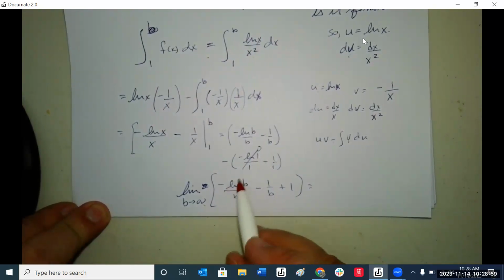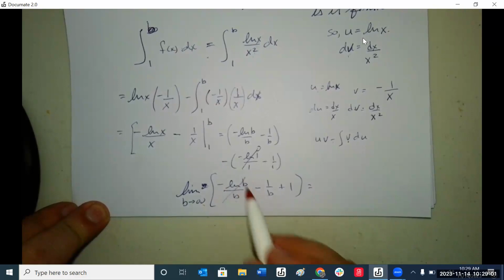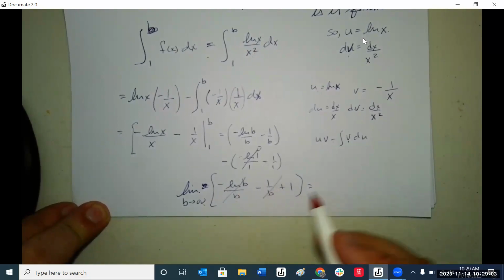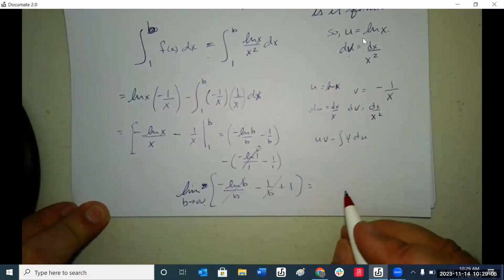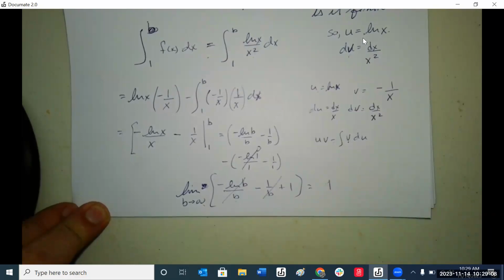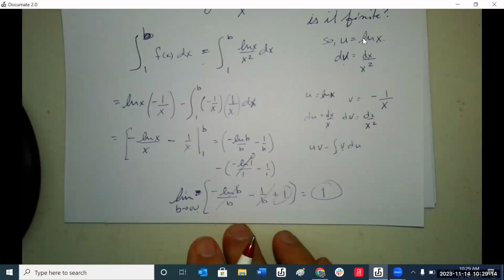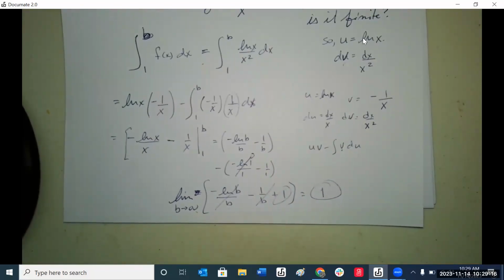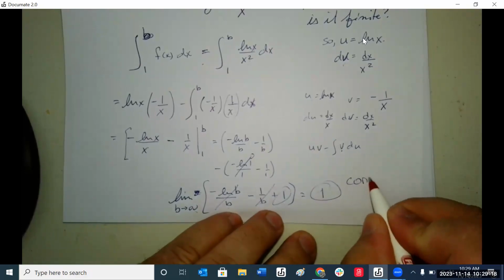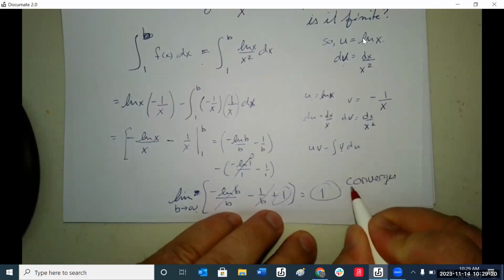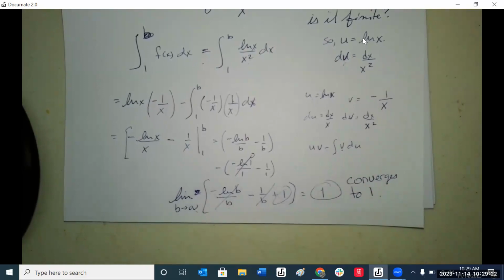Ln b negative over b, this one goes to infinity, so that one goes to 0. That one goes to 0. So as b goes to infinity, we just have 1. So that's our limit. So it converges to 1.